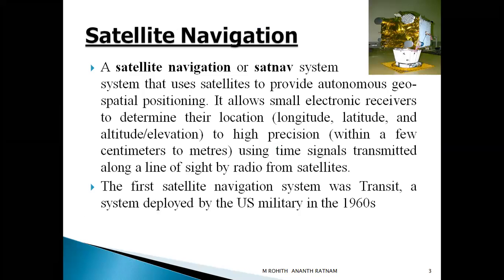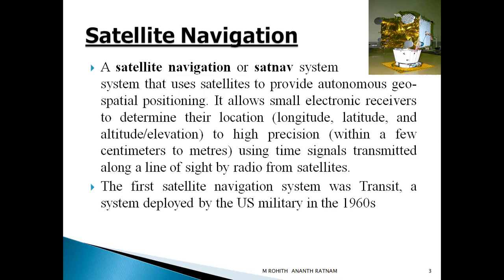Satellite navigation, in short, we'll be calling it SatNav. These navigation satellites are designed in such a way as to provide us the latitude, longitude, and altitude of the particular position where we are.